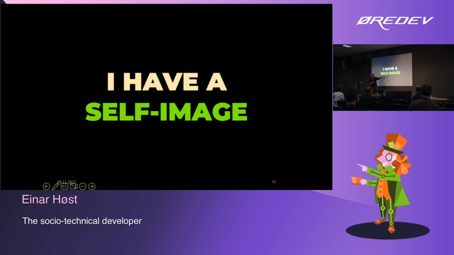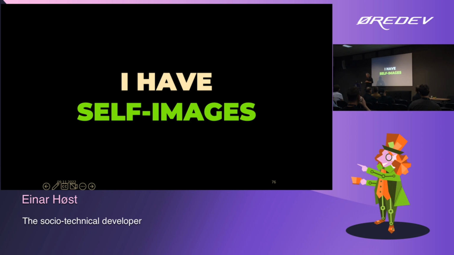An important thing is that it's an image of myself, right? It's not necessarily myself as such, but it's how I view myself. And everything is always more complicated. What I really think I have is a bunch of self-images, and I try to pretend that it forms one unified thing that's me. But that's, I think, largely a fiction.